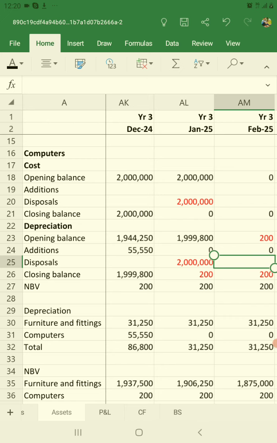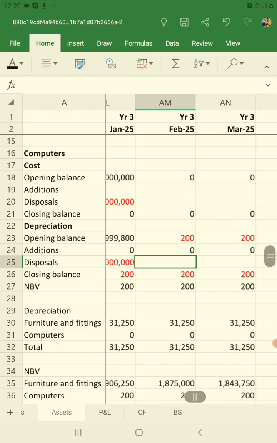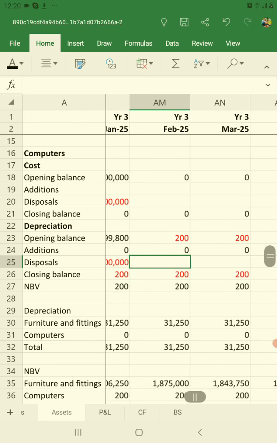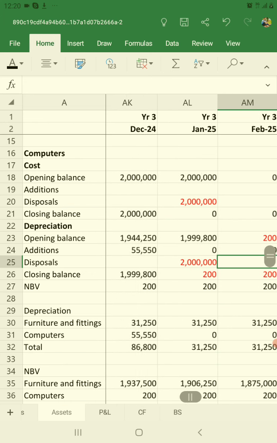So we are done with the modeling for that, but at the same time we need to check the opening balance. No, this is not normal.